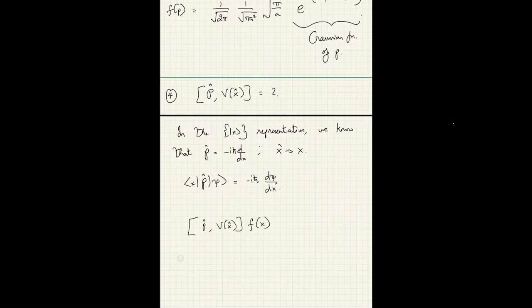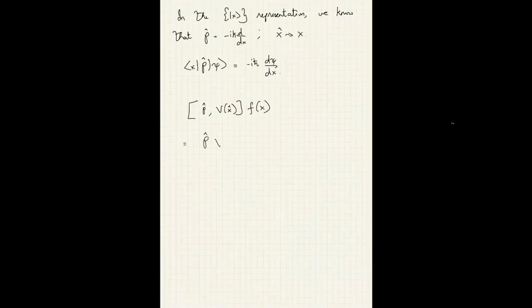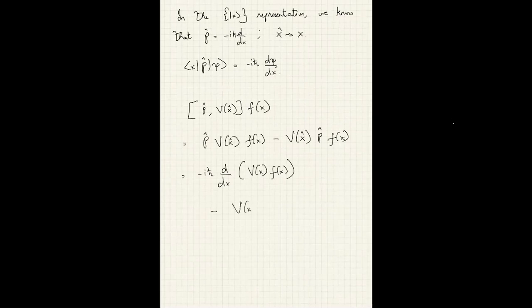This is equal to p v of x acting on f of x minus v of x p acting on f of x, and this is minus i h bar d/dx. v of x acting on f of x is simply the corresponding function v of x times f of x, minus v of x acting on minus i h bar df dx, which is simply the function v of x times minus i h bar df dx.